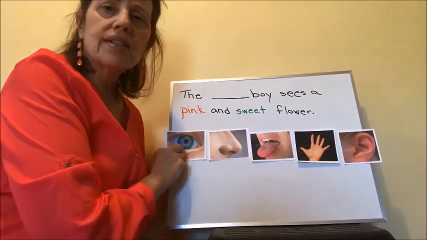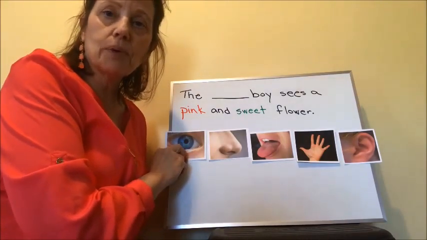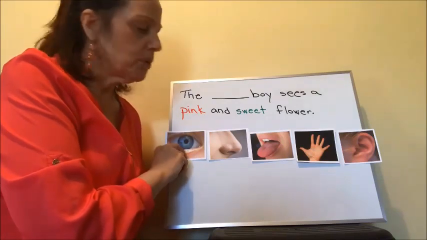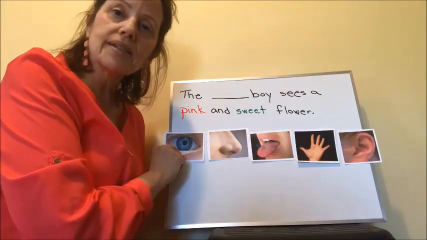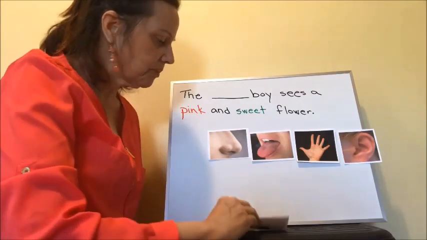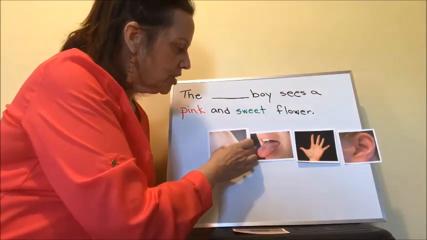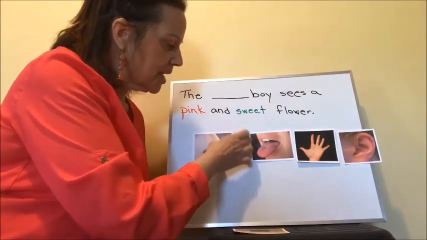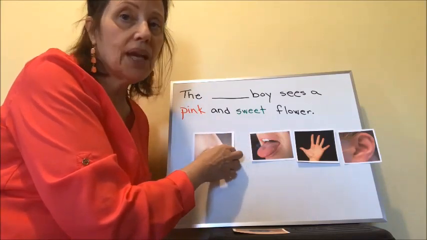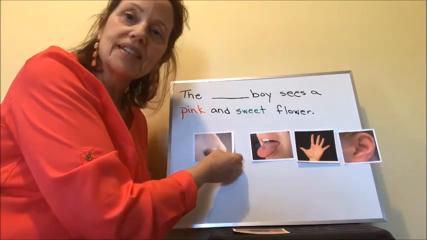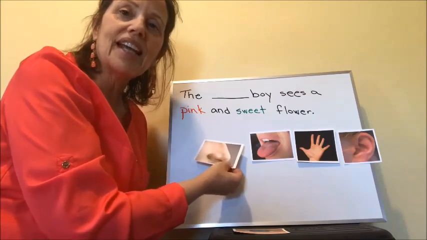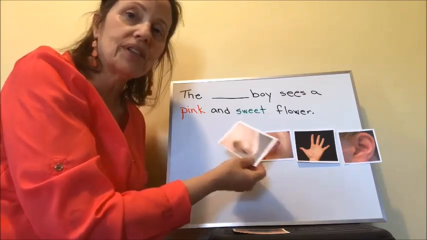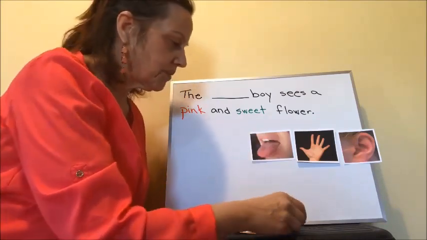Would we use the sense of sight to describe a boy? Yes, we would, but we already used the sense of sight. Let's try something different today. Would we use the sense of smell to describe the boy? Maybe, but we already used the sense of smell when we said a sweet smelling flower. So let's try a different word.